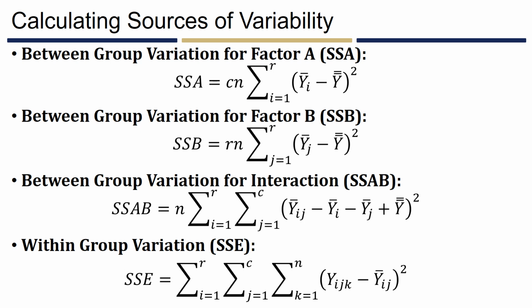And finally, the within-group variation, the SSE, is found through this sum. Again, while it looks complex with the triple summation, all that we're really doing is taking each observation, y sub ijk, subtracting off the cell mean, squaring the difference, and adding all of these squared differences up.